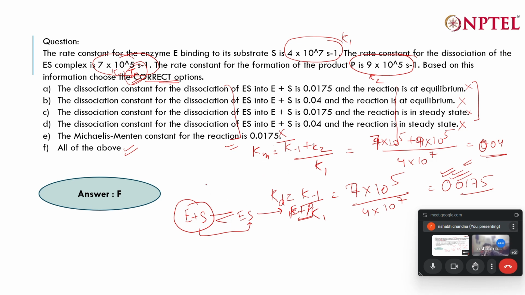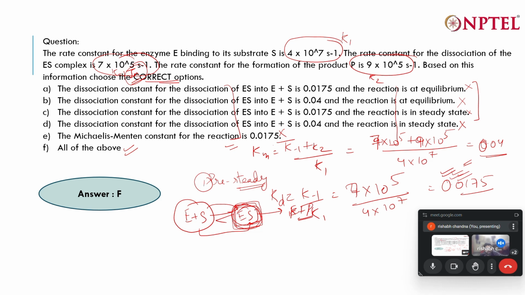In that case, first it will achieve the pre-steady state, in which the enzyme starts binding to the substrate. Once the enzyme is bound to the substrate, it forms the enzyme substrate complex. Then we reach a state in which this enzyme substrate complex is constant. The amount of product being formed and the amount of enzyme substrate complex remain constant in a steady state.